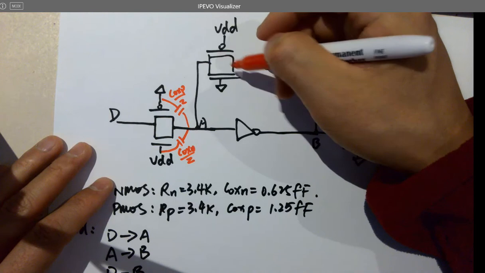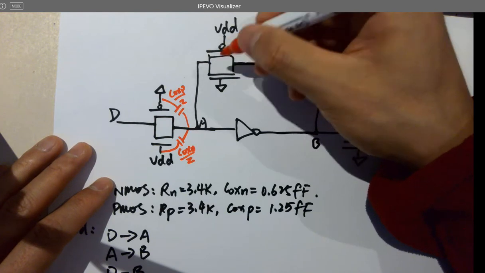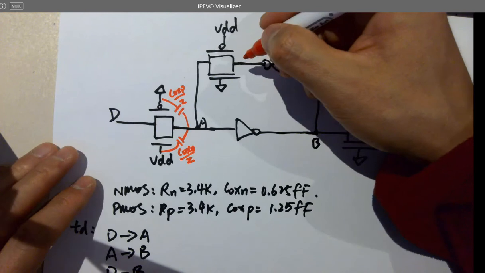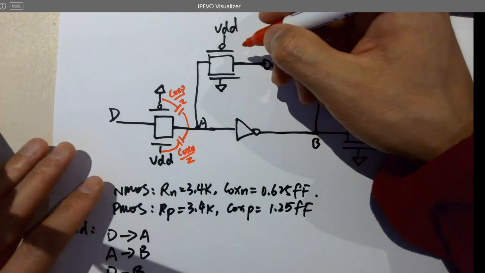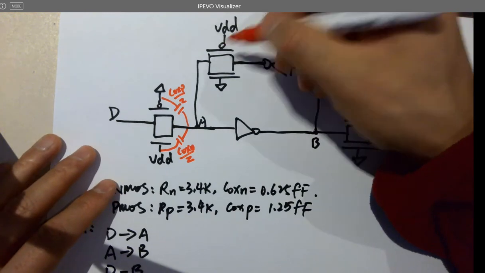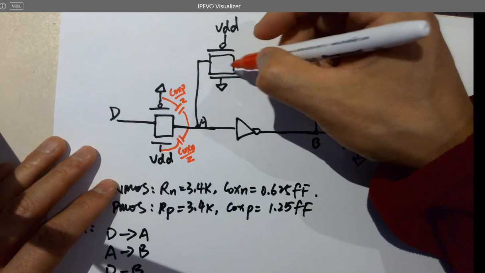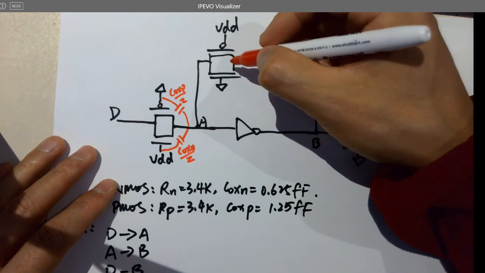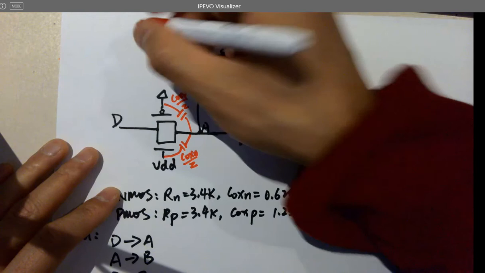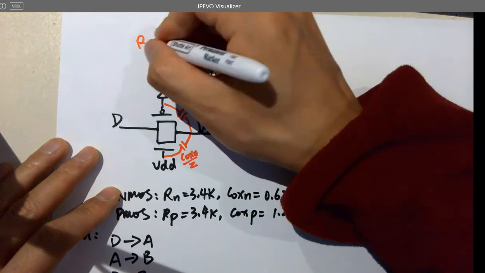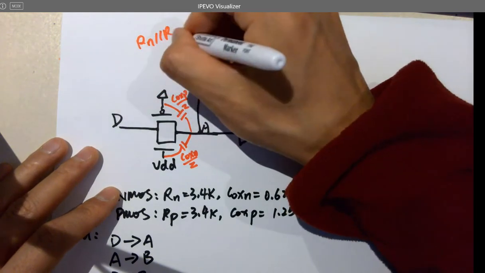So what is zero? Not zero, but disconnect, right? The current is not going through it. Yeah, so I'm thinking like, because cap is still there, but Rn and Rp, so what is that one?